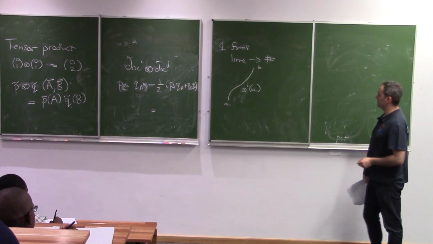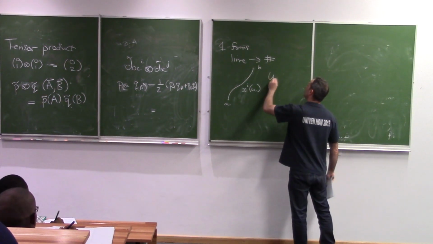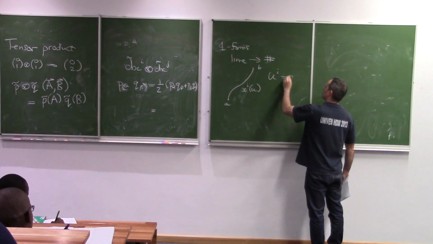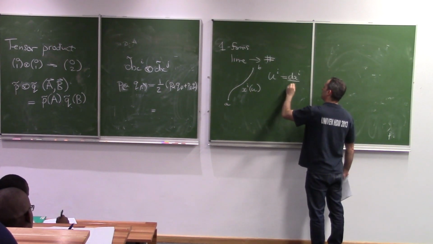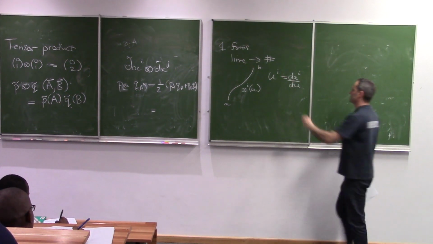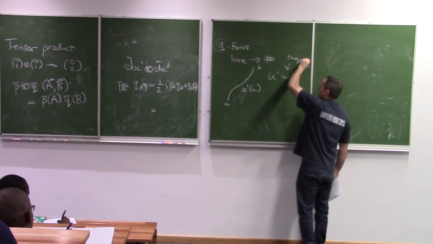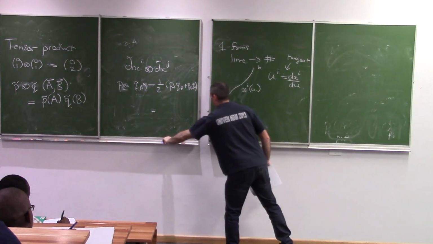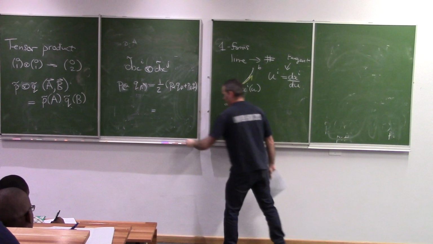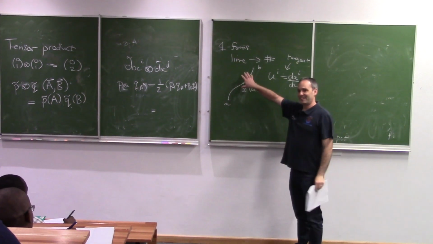And this curve is going to have a tangent vector, and the components of the tangent vector are just the derivatives with respect to u. So that's the tangent. At any point of the curve, I've got some, okay, that's not a very well drawn tangent, but you get the idea.